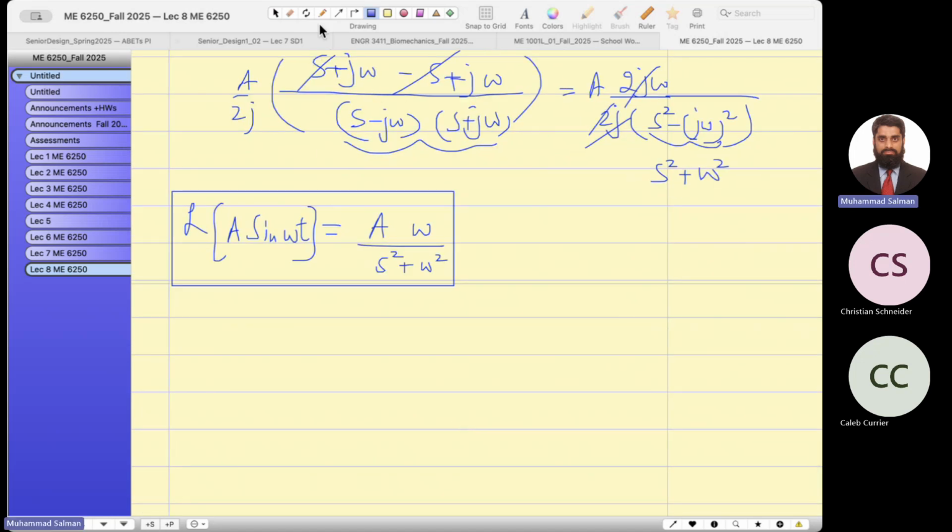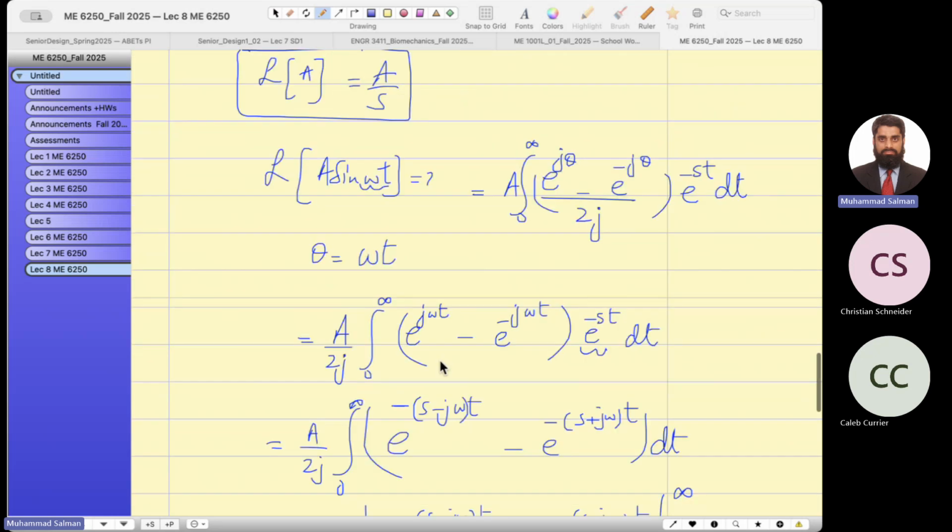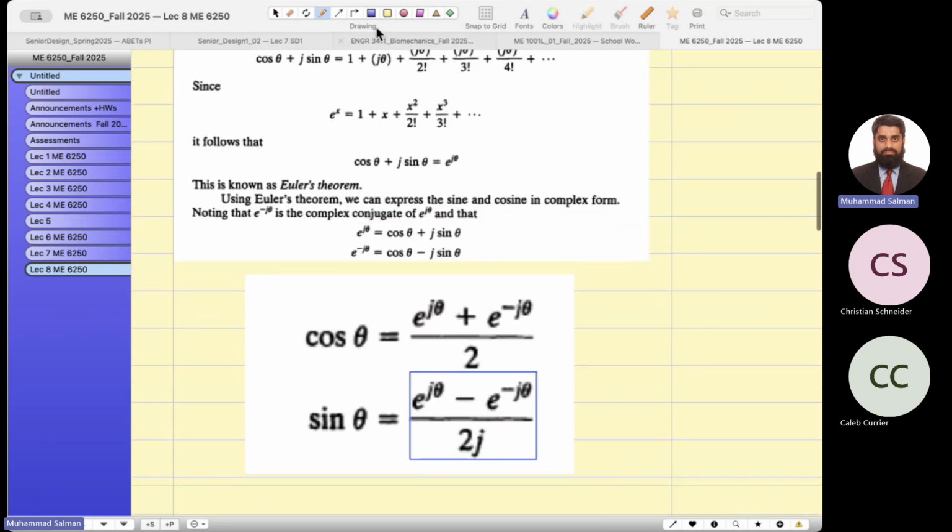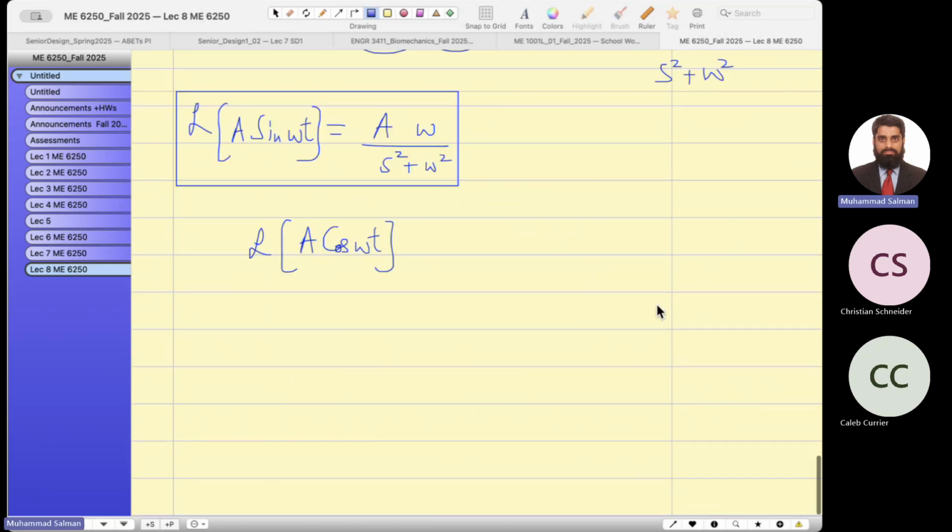When you go home, you can find the Laplace transform of a cosine omega t using the same method, but this time you will use this formula. At the end of the day, you will see that this becomes equal to as over s square plus omega square.